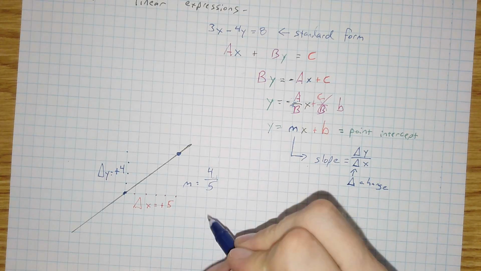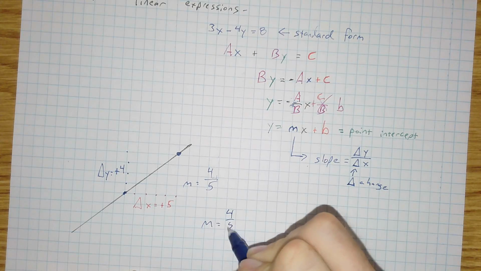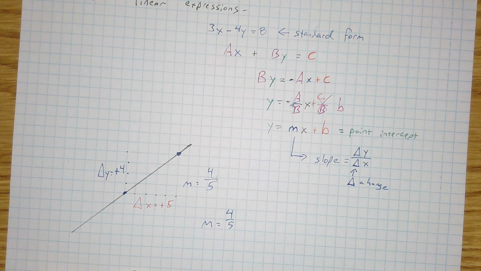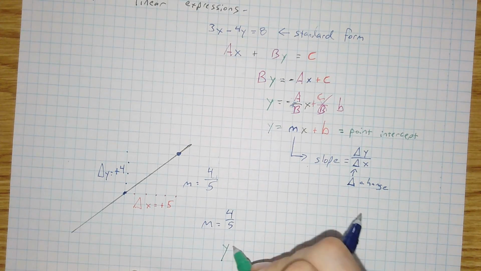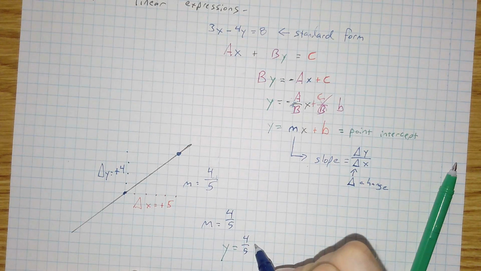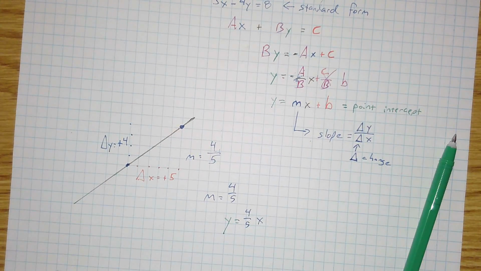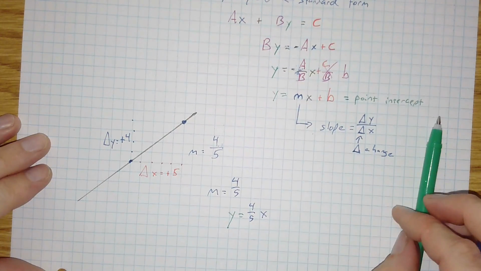So in this equation, m equals 4/5, so y equals 4/5 x. But what is b? You notice here that I don't have a coordinate plane.